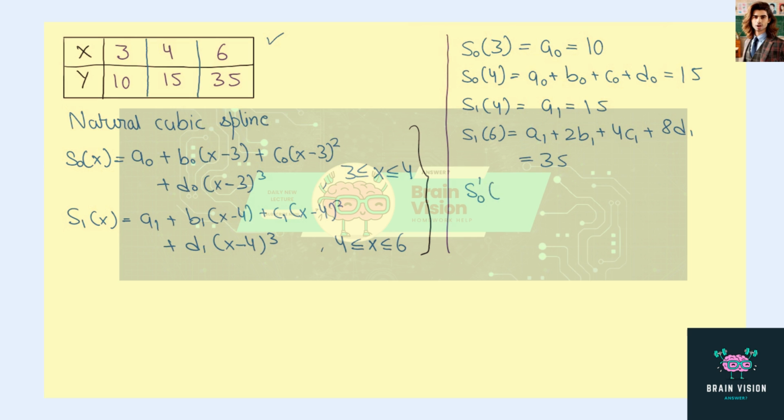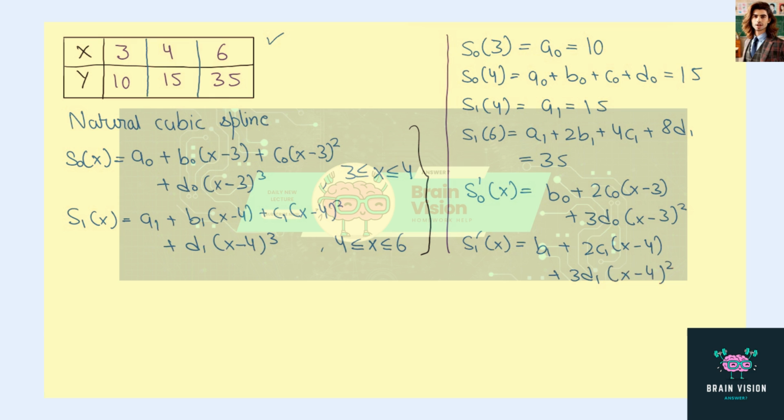And S0'(x) will be equal to b0 + 2c0(x − 3) + 3d0(x − 3)², and S1'(x) will be given by b1 + 2c1(x − 4) + 3d1(x − 4)².